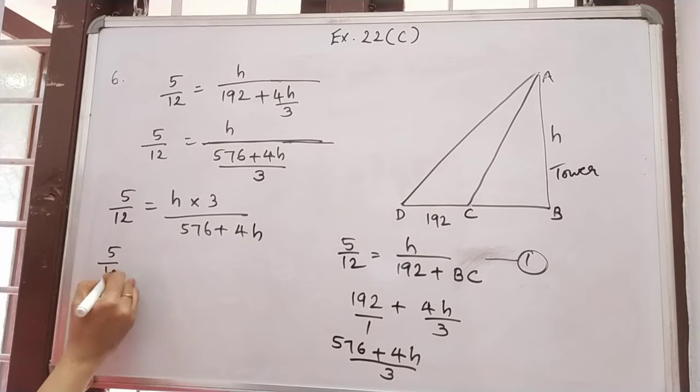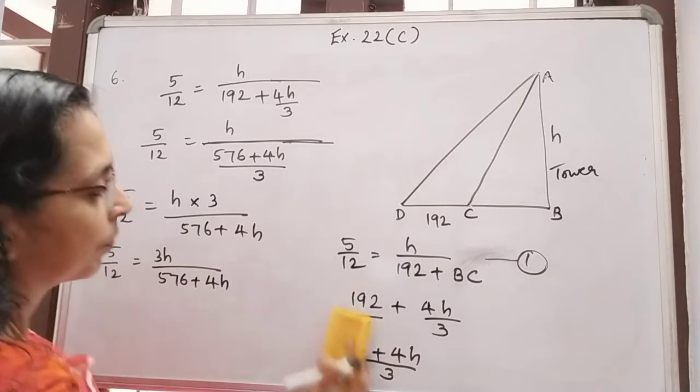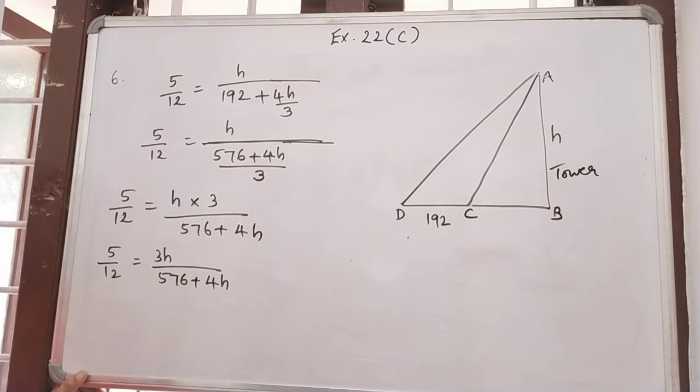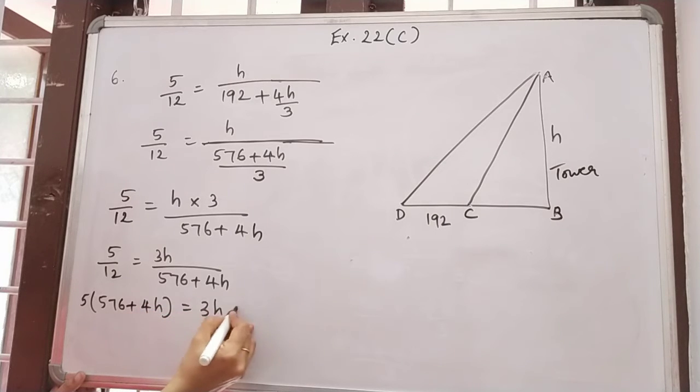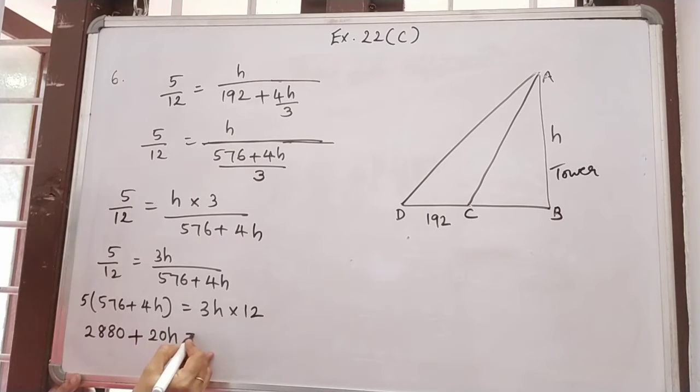So 5 by 12 is equal to 3H divided by 576 plus 4H. Then cross multiply: 5 into 576 plus 4H is equal to 3H into 12. Opening the brackets, you will get 2880 plus 20H is equal to 36H.